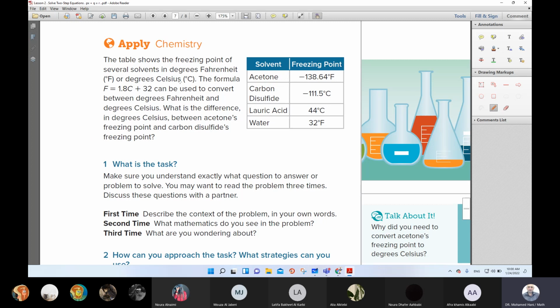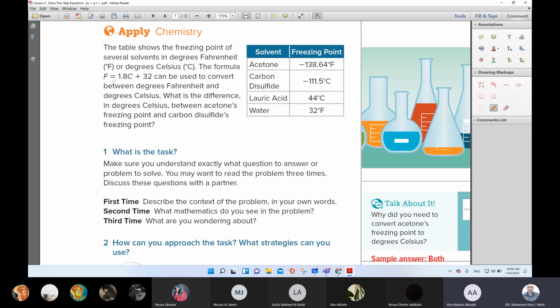The formula to convert: F equals 1.8 C plus 32. This is the formula, or this is the equation, that can be used to convert between degrees Fahrenheit and degrees Celsius. What is the difference in degrees Celsius between acetone's freezing point and carbon disulfide's freezing point?